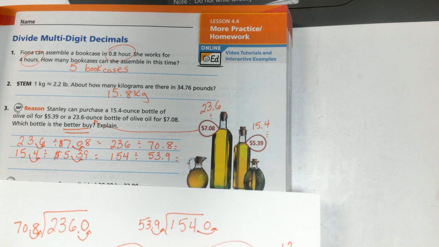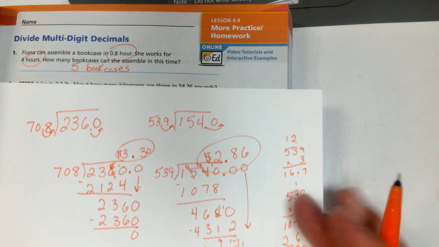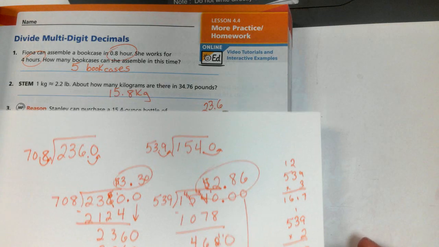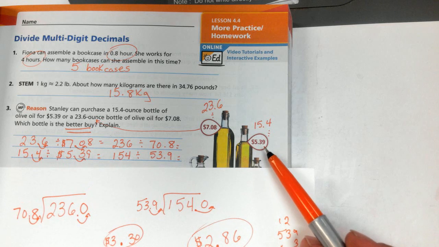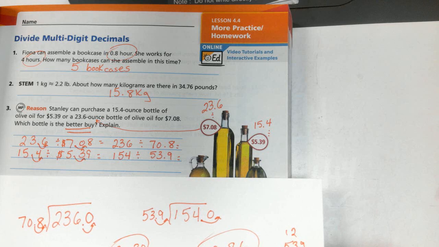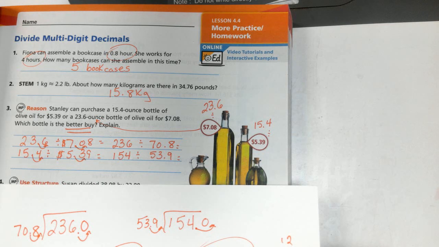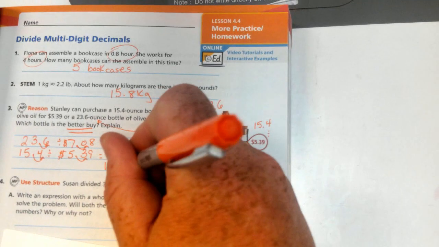Which bottle is the better buy? The better buy is the one where we divided 15 4/10 by $5.39, which is the second one that we did here. So which one is the better buy? That is the 15.4 ounce bottle.